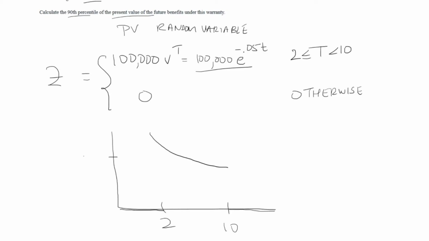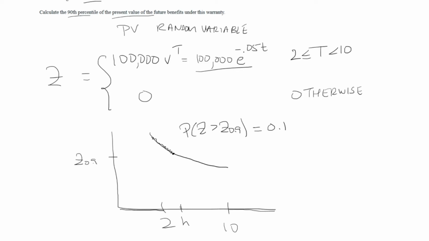Let's say this is z of 0.9, and let's say that represents this point. We'll label the x value as h. That means that anything above it is the probability that Z is greater than z of 0.9, and that's just going to be 0.1.